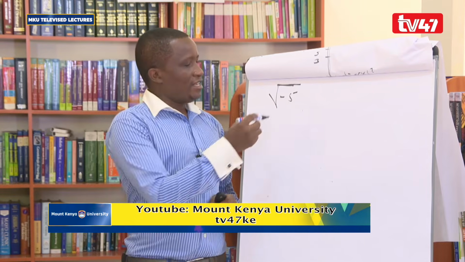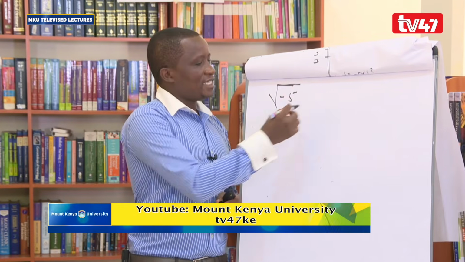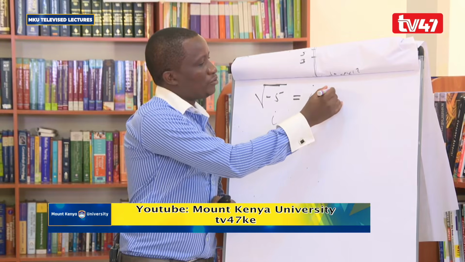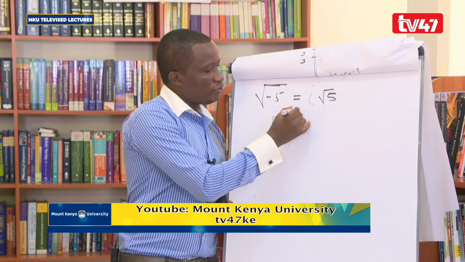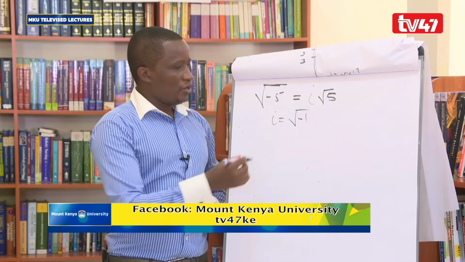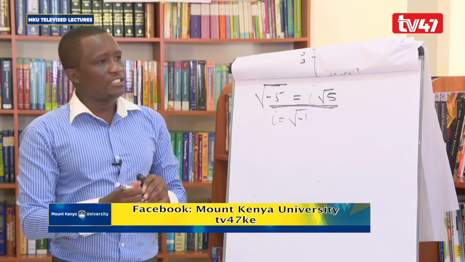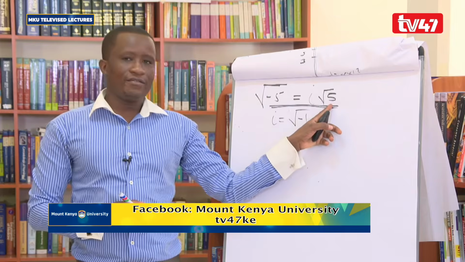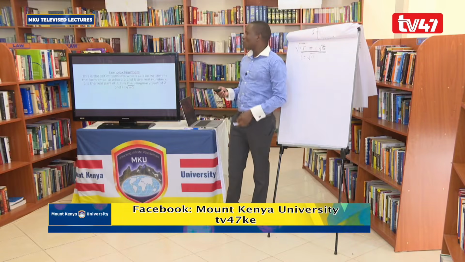To do that, we introduce i to this number such that it is written as i square root of 5. Now, i here is the square root of negative 1. So the representation of the square root of negative 5 as i square root of 5 is said to be a representation of a number in complex form.